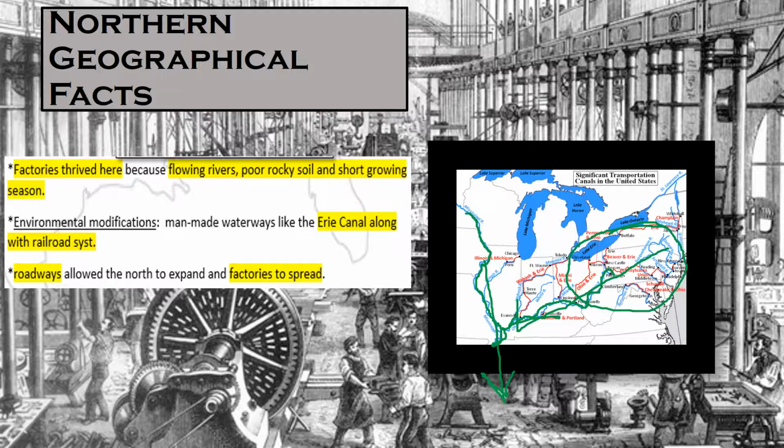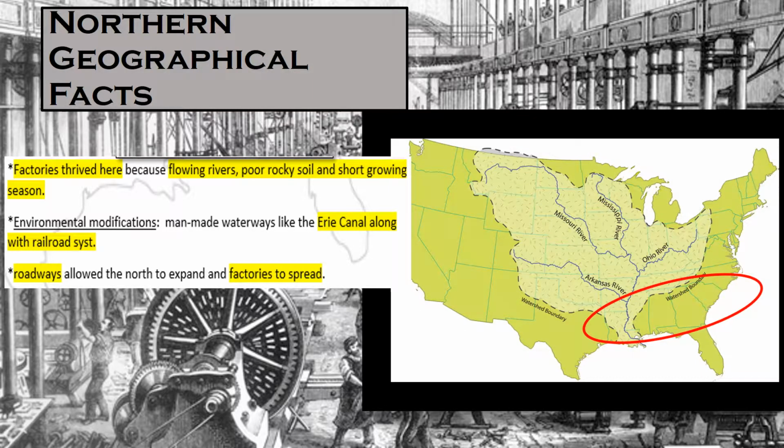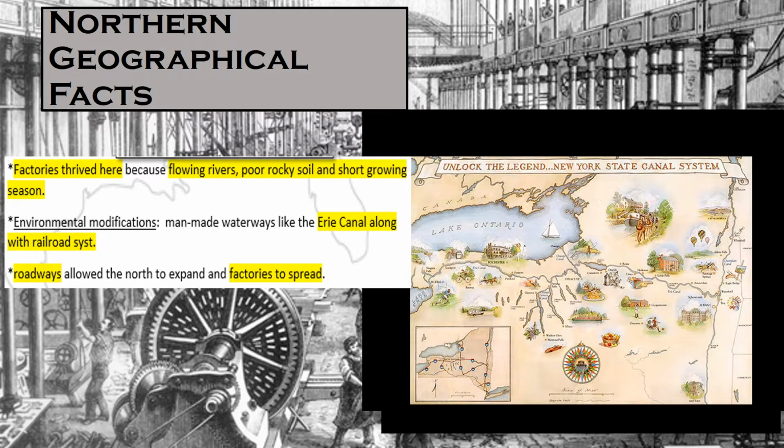Some environmental modifications that you see are man-made waterways like the Erie Canal. Oops, sorry, I forgot to show you our picture. There we go. More rivers use power to factories. So we had the Erie Canal. Here we have the Erie Canal.